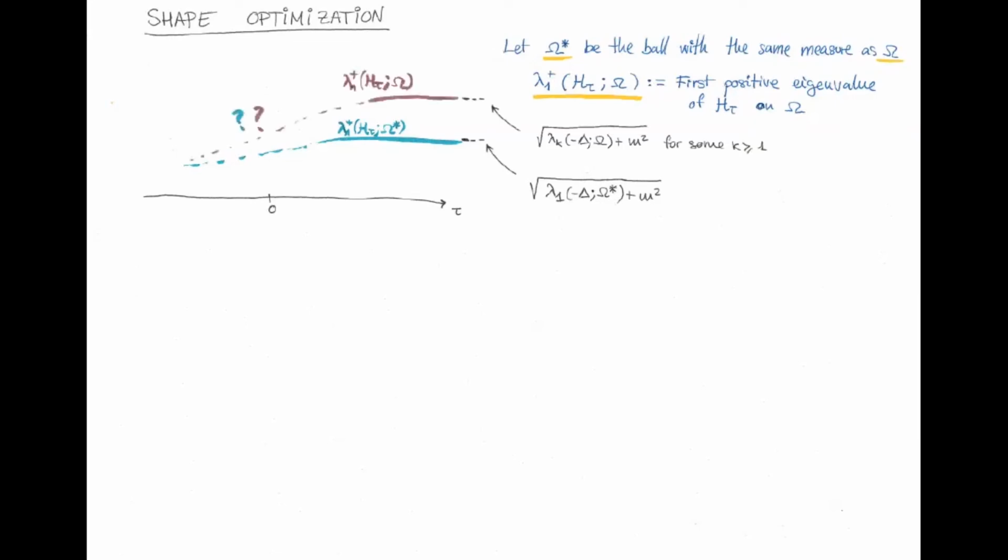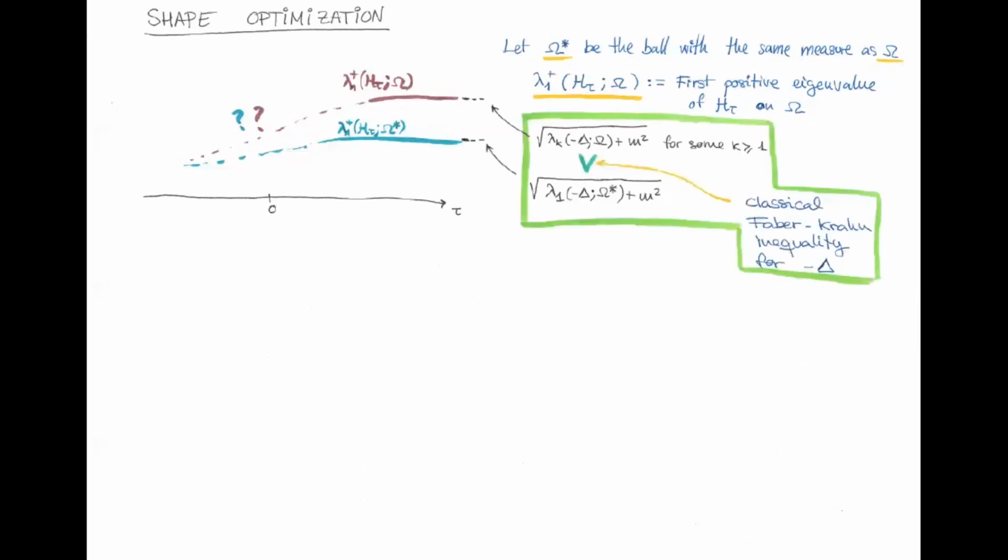If you plot it, you know that it is going to converge in the limit to some, it doesn't matter if it's not the first, but some Dirichlet eigenvalue of the Laplacian, okay? But then you see that you can compare these things, right? Because this is always bigger than the first eigenvalue of the Laplacian in omega, and then for the Laplacian you have the Faber-Cahn inequality that tells you that you have here a strict inequality.